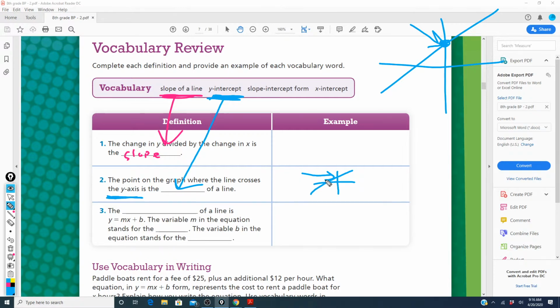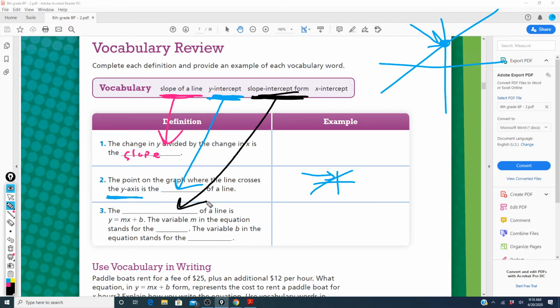Number 3. So the blank of a line is y equals mx plus b. The variable m in the equation stands for the blank. The variable b in the equation stands for the blank. Ladies and gentlemen, the slope-intercept form, remember, of a line is y equals mx plus b.